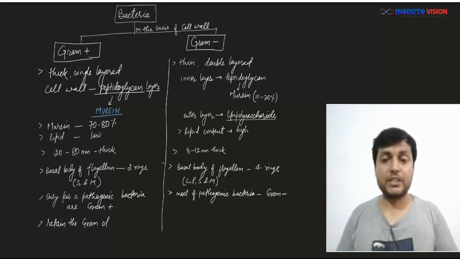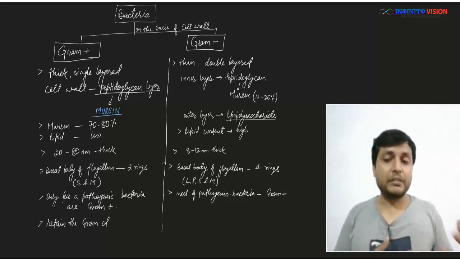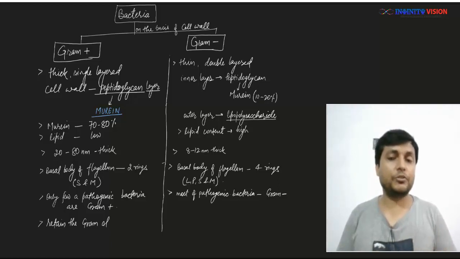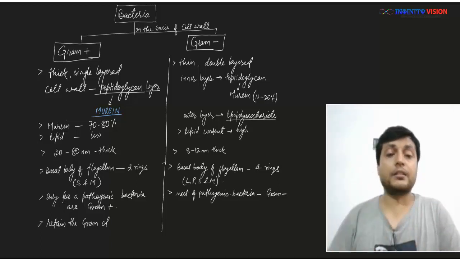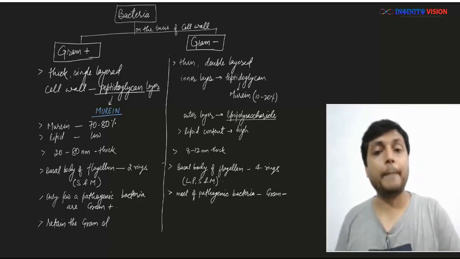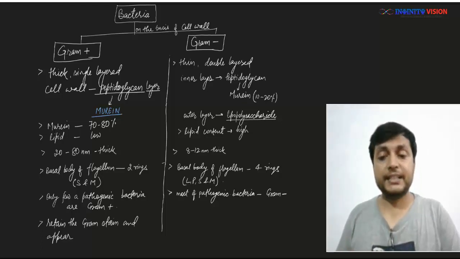Now, what is this gram staining? We will see later in this chapter. It is a method of coloring the bacteria which was given by a scientist called Hans Christian Gram, HC Gram, and hence in his honor we call it Gram staining. The bacteria which retain the gram stain are called gram positive. Those who do not are called gram negative.